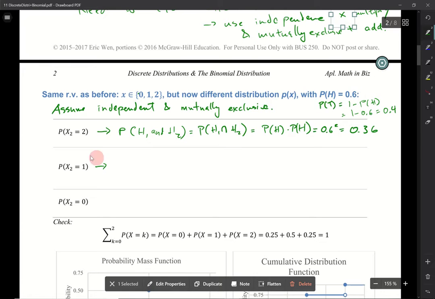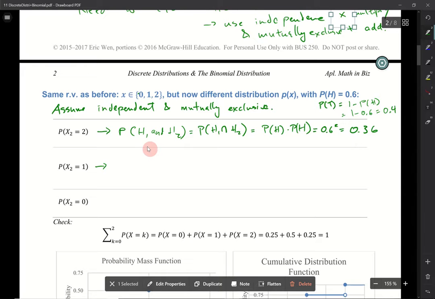So here, the probability of having one head, how could we have one head only? In order to have one head, we have to flip the process twice.